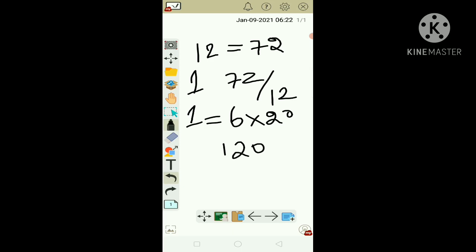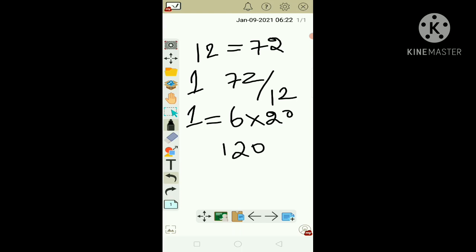So when you purchase apples, the shopkeeper tells you a dozen apples cost 72 rupees. How will you calculate a single apple cost? You need to know what a dozen means: 12.